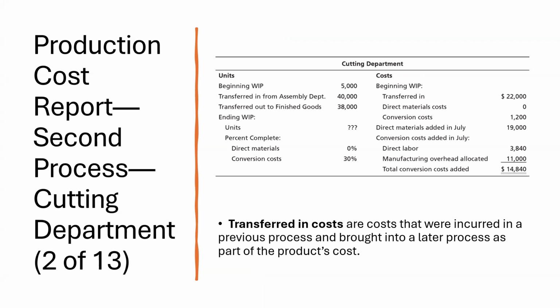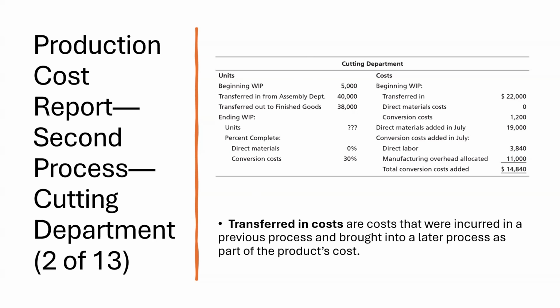The data that you see here for Puzzle Me cutting department, you see that it started July with 5,000 puzzle boards partially completed through work done in the cutting department in June. Then during July, the cutting department started the work on 40,000 additional puzzle boards that were received from the assembly department. So you see here the data for the units are beginning work in process, 5,000.